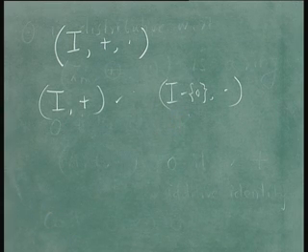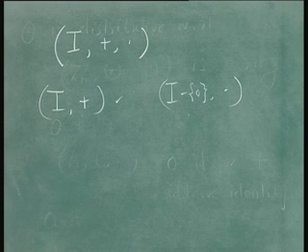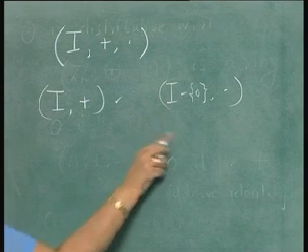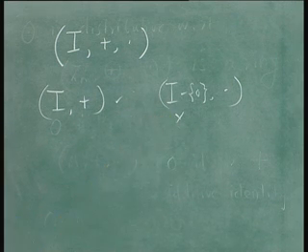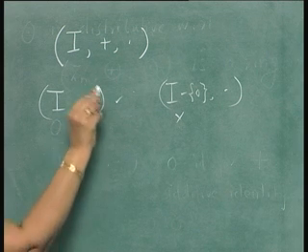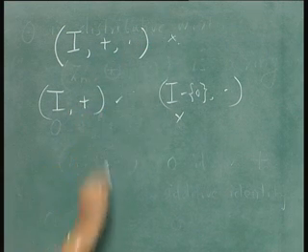You have to define it as 1 by 3, because 1 is the multiplicative identity, but that is not an integer. So, here the existence of inverse we cannot prove. So, this is not a group. Because of that, this is not a field; it is an integral domain, but not a field.